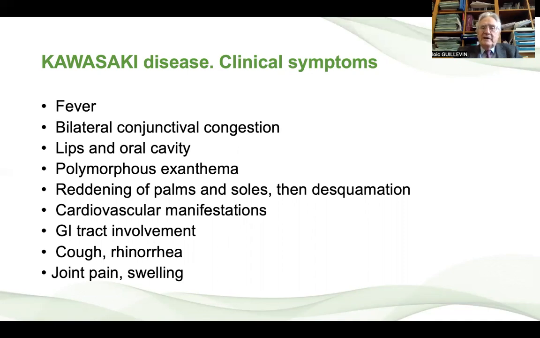There's a reddening of palms and soles, then a desquamation, and there are not so many diseases with desquamation. Cardiovascular manifestations, I already talked about. And there are also other systemic manifestations like gastrointestinal tract involvement, cough, rhinorrhea, joint pain, and swelling.